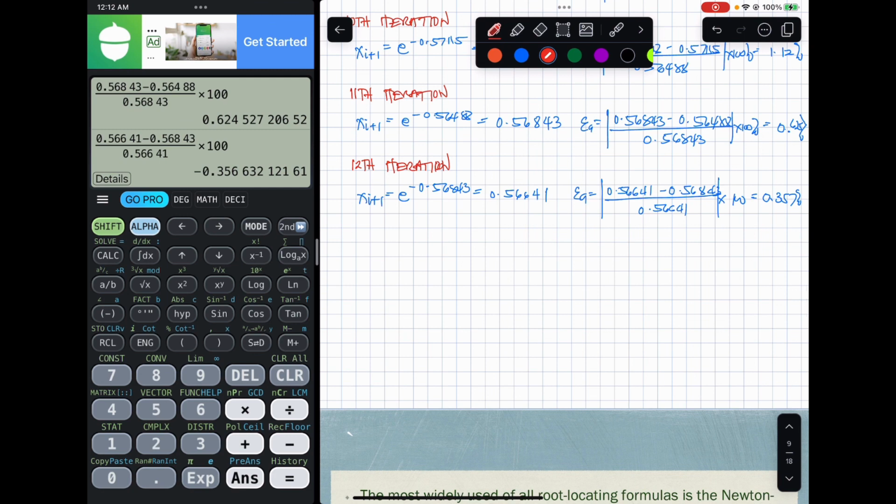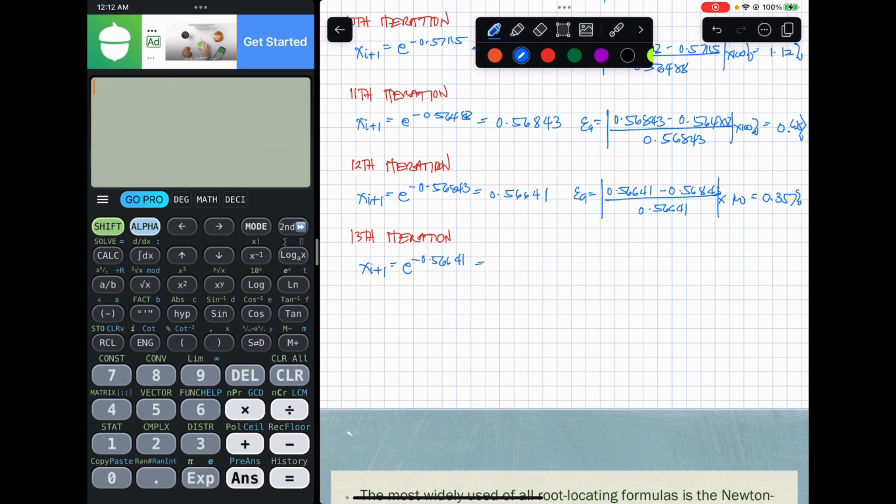And then the 13th iteration. So x sub i plus 1 is equal to e raised to negative 0.56641, which is 0.56756.